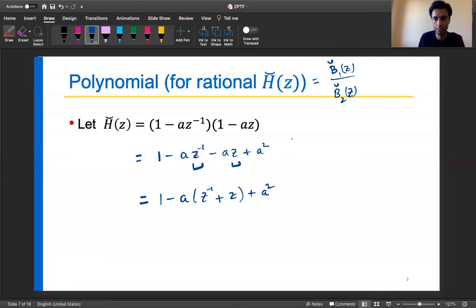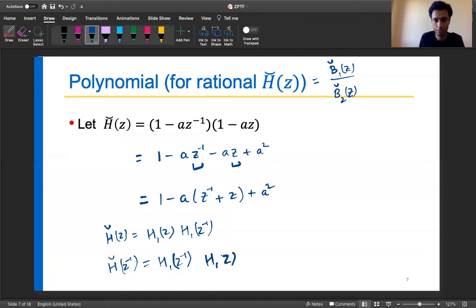Another way to look at this is that, let's say my H hook Z is equal to some H1Z times same H1Z inverse. If I now look at H hook Z inverse, what will this be equal to? This will be equal to H1 of Z inverse times H1 of Z inverse inverse, which is same as H1Z.